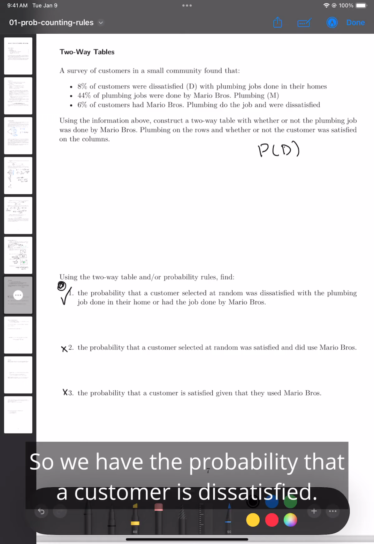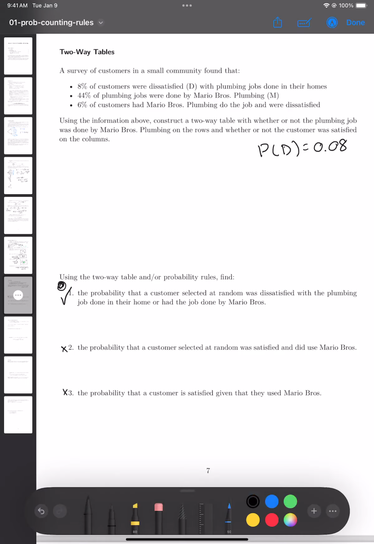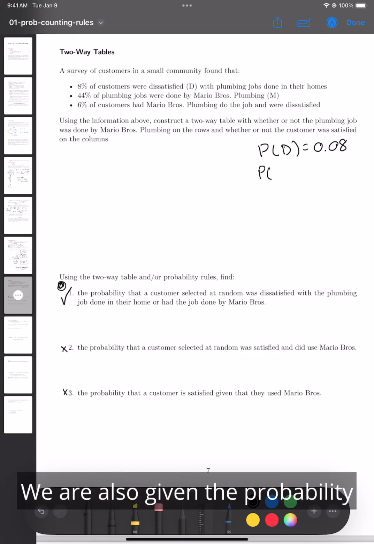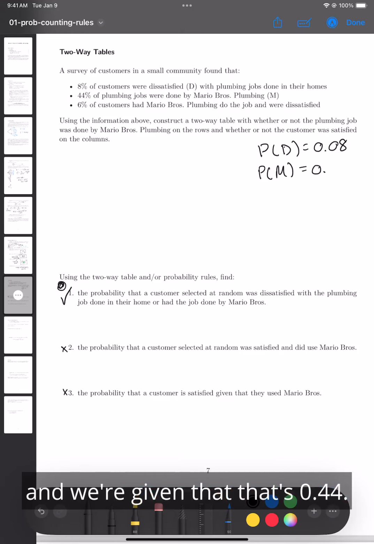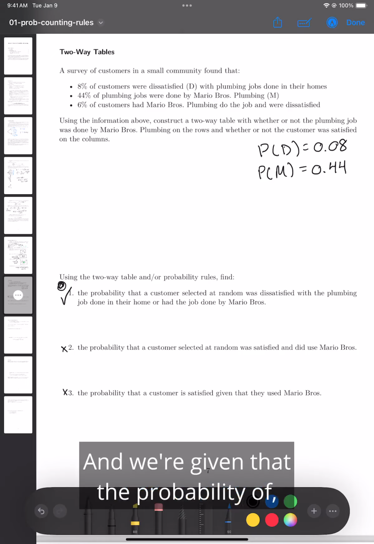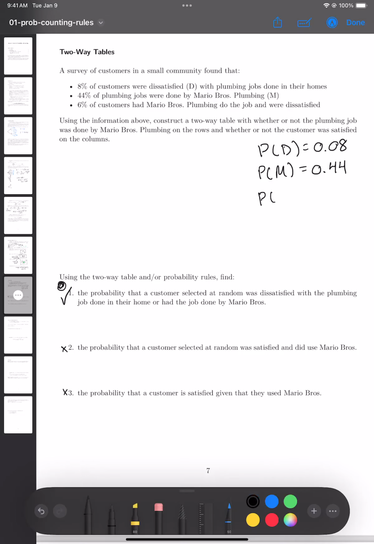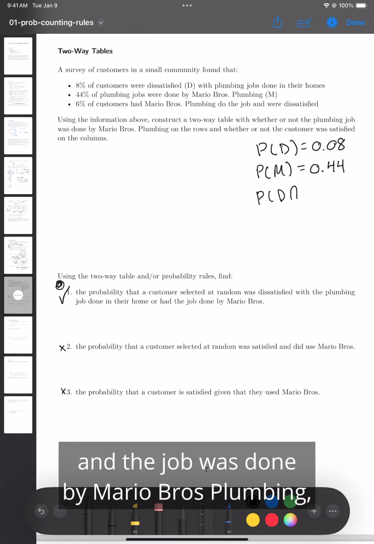So we have the probability that a customer is dissatisfied. We're given that that is 0.08. We are also given the probability that a plumbing job was done by Mario Bros. Plumbing, and we're given that that's 0.44. And we're given that the probability of being dissatisfied and the job was done by Mario Bros.